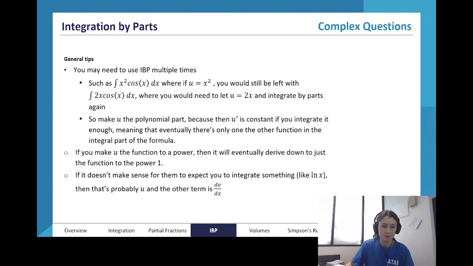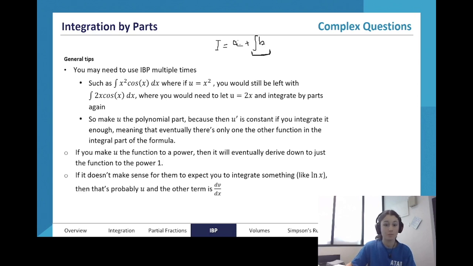The first one, and this is the more widespread one, is that you may need to use integration by parts multiple times. What happens is you're applying your formula and you get your integral equal to something plus the integral of something else. Maybe you have A and the integral of B. So we just applied our formula, we've put everything in, but we still can't integrate this part here.